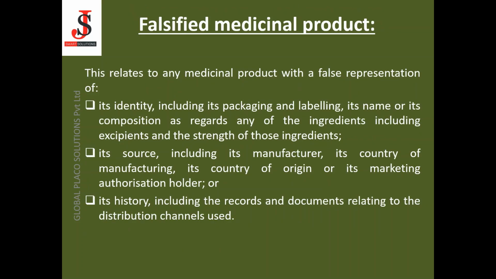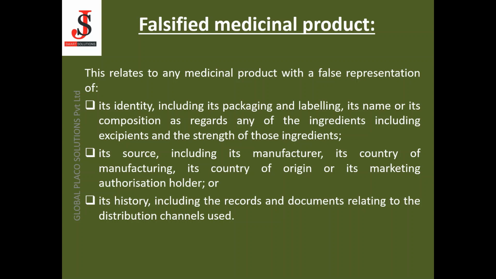This is not so much important, but I just added it so that people are aware of what a falsified medicinal product is. This relates to any medicinal product with a false representation of its identity, including its packaging and labeling, its name or its composition, as regards any of the ingredients including excipients and the strength of those ingredients, its source including its manufacturer, its country of manufacturing, its country of origin, or its marketing authorization holder, or its history including the records and documents relating to the distribution channels used.